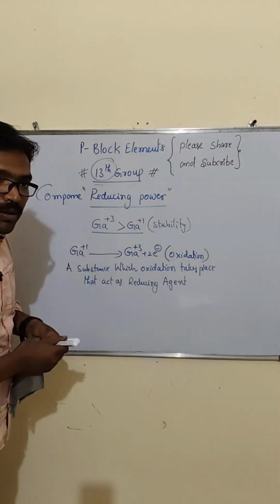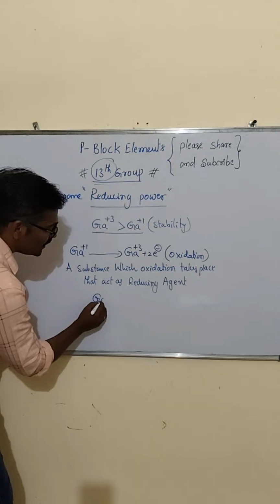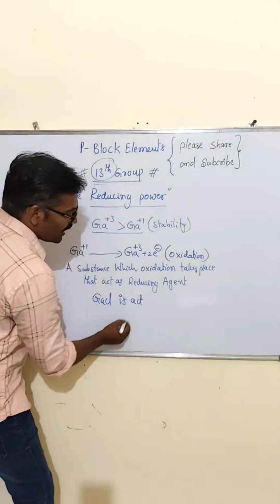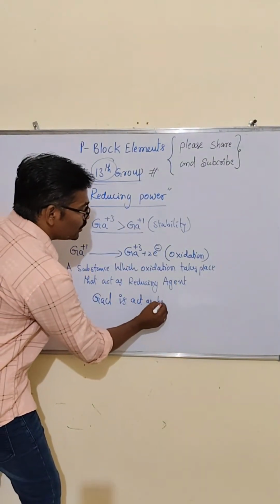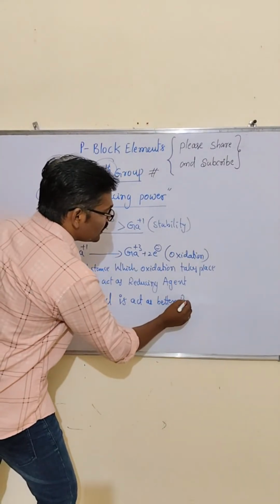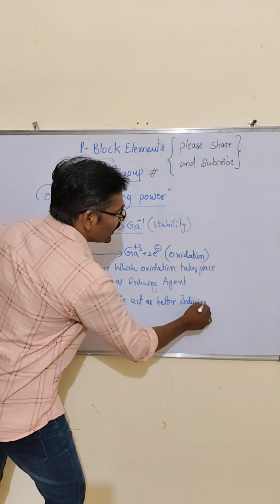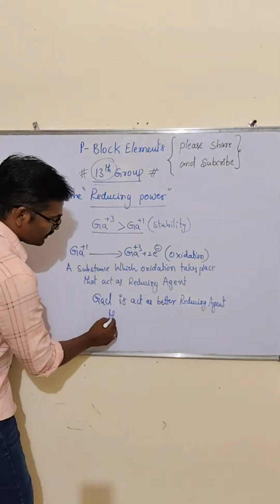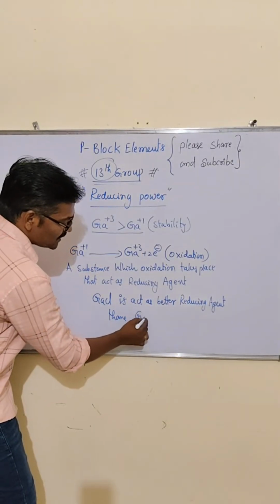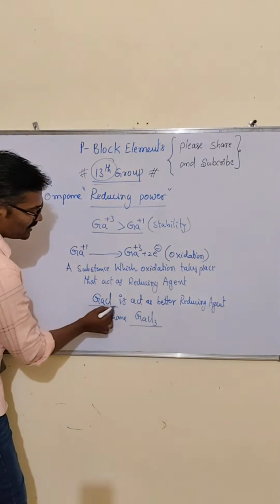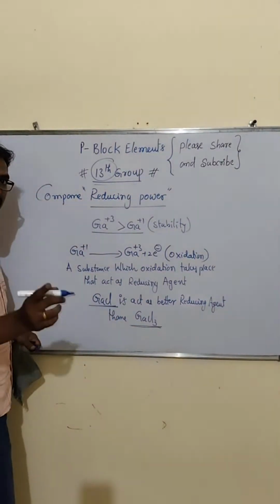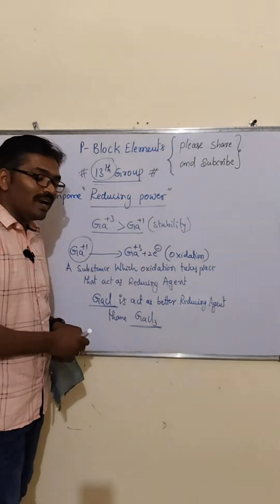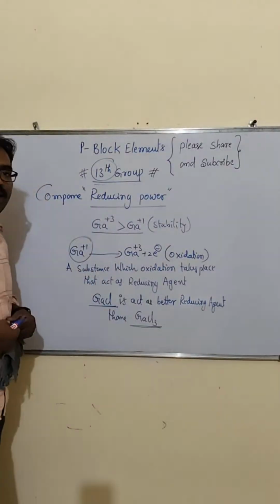So you have to remember that GaCl acts as a better reducing agent than GaCl3. Why is it a better reducing agent? It can lose 2 electrons. So that is the reason it is a better reducing agent.